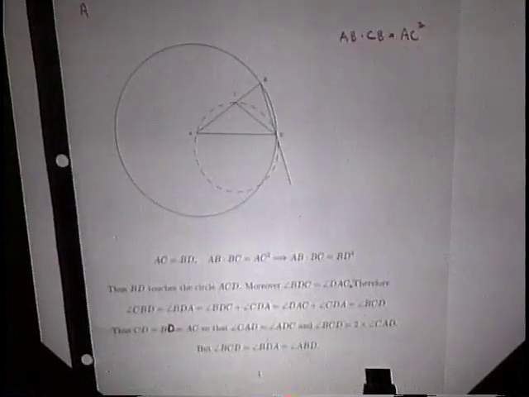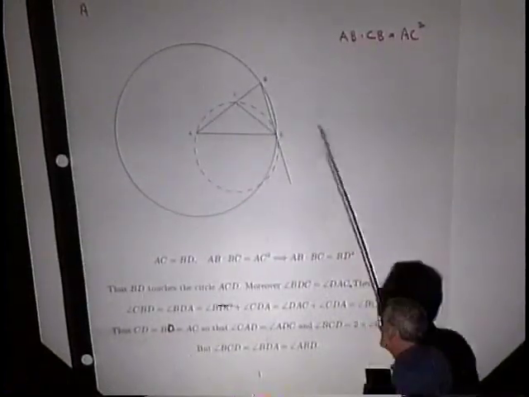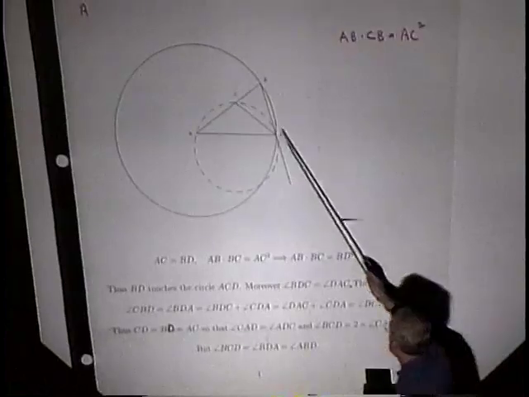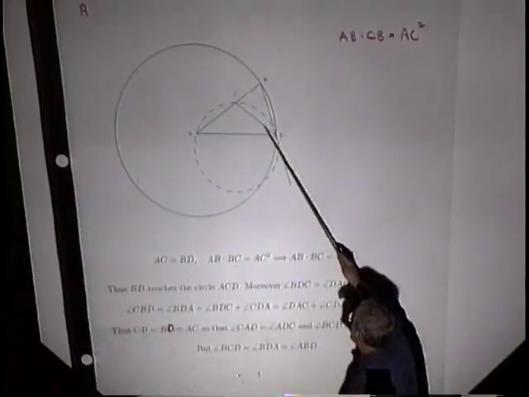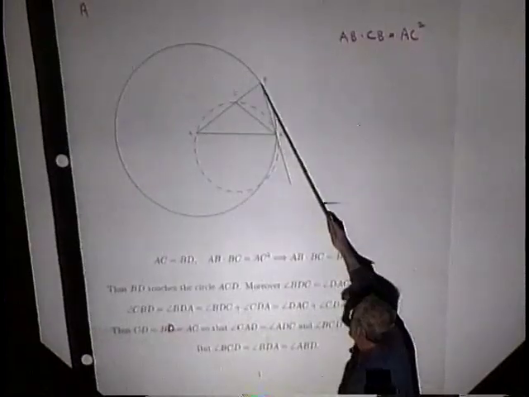So angle BCD is equal to angle DAC. Angle CBD, it's hard to keep these things straight. CBD is that. BDA, well, they're equal. This one and this one are equal because this is a triangle lying inside a circle.